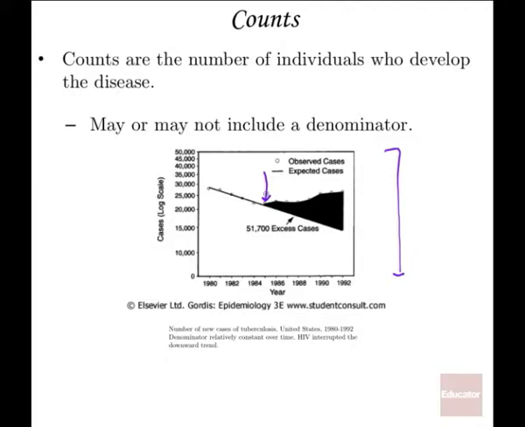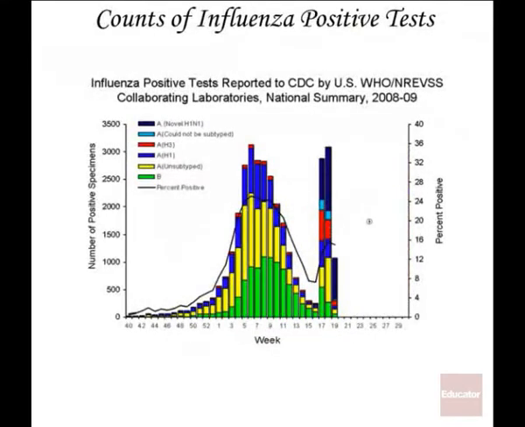So a year or two after the introduction of the AIDS virus and the beginning of the AIDS epidemic, we also started seeing an increase in the expected number of cases of tuberculosis. That was a really important observation that led investigators to consider that individuals with HIV and AIDS are at high risk for developing tuberculosis.